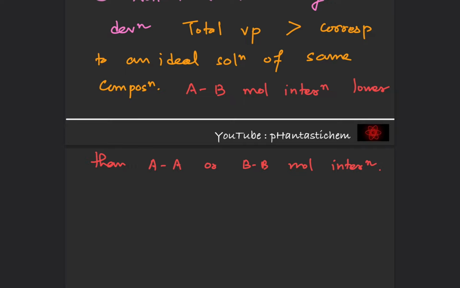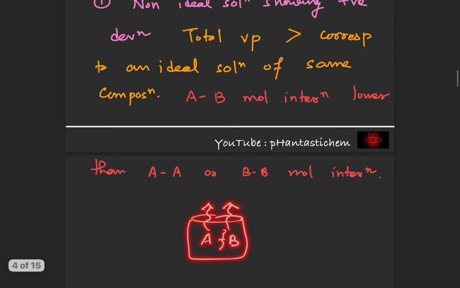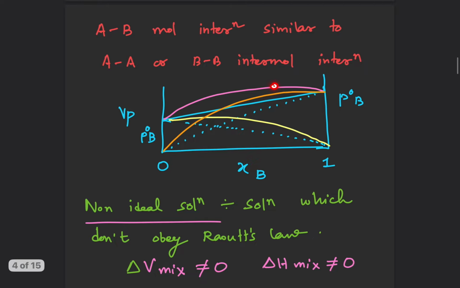Since the new bonds between solute and solvent are weaker compared to the old bonds that were existing between the solute and the solvent, they can break easily and fly away to form vapor very easily. That's why the vapor pressure is more compared to what is expected in the ideal case.